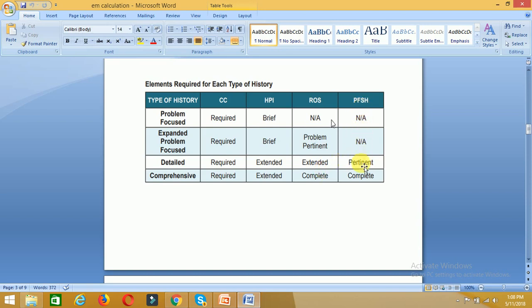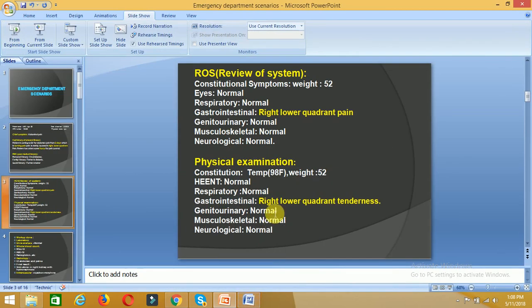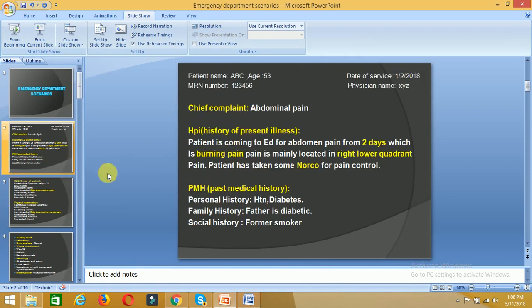Next we will see PFSH. I have one element from each of the 3 histories. Like I have hypertension in personal history, father is diabetic in family history, former smoker in the social history.